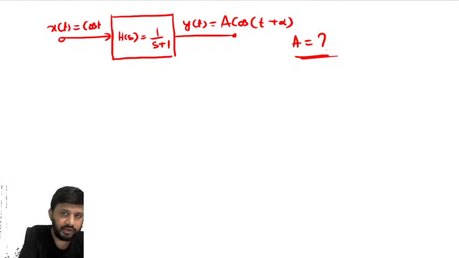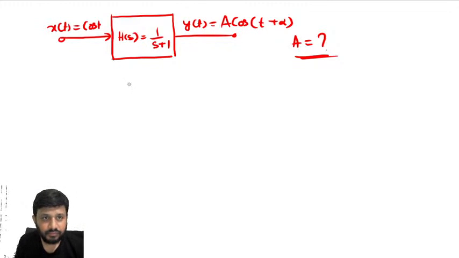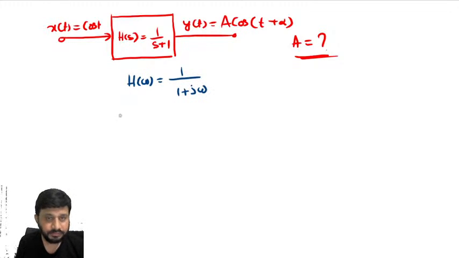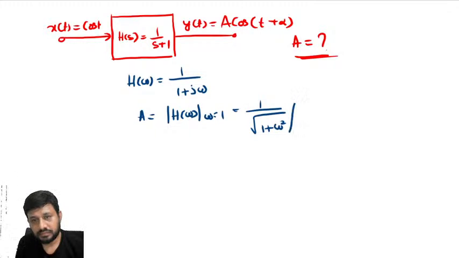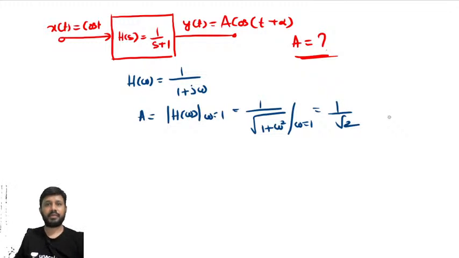Exactly, Fazal, you're right. One by one plus j omega, and the value is one by root 2.